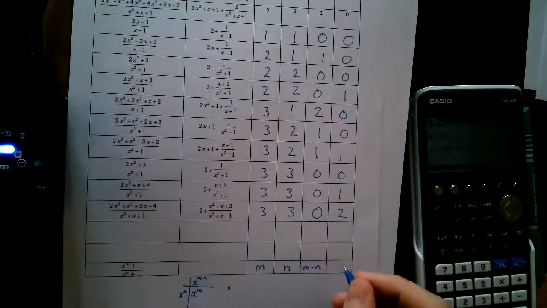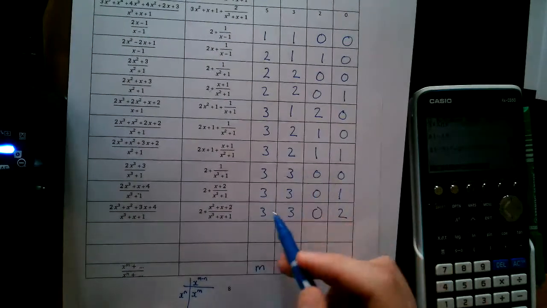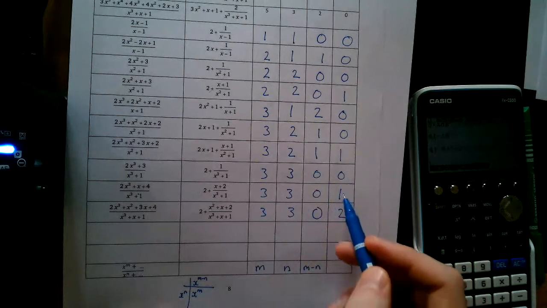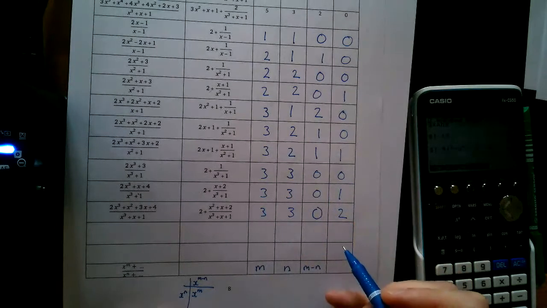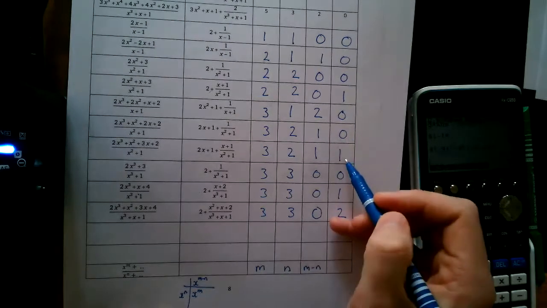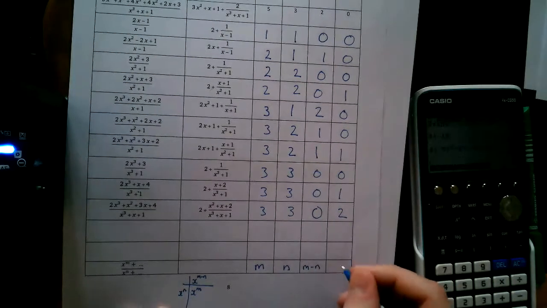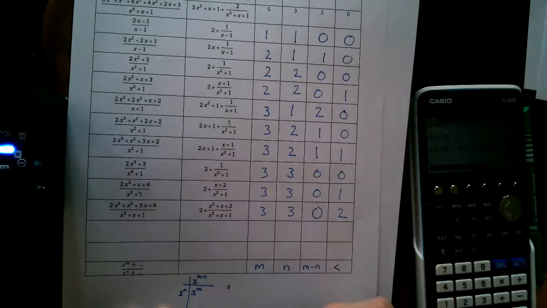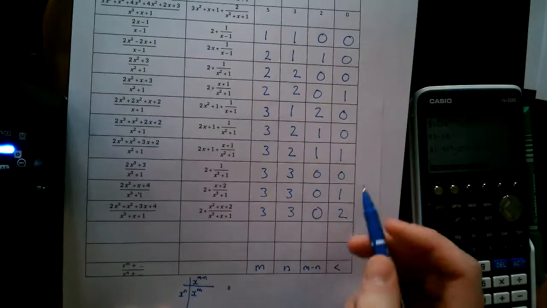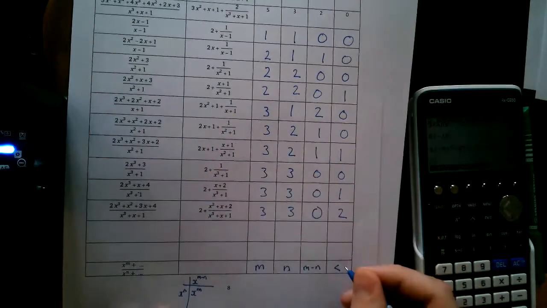And then the remainder, well, if you look here, the remainder could be 0, 1, 2, but it couldn't be 3. Here, it could be 0, 1, but it couldn't be 2. So the remainder is less than the degree of what I'm dividing by, so less than the degree of the polynomial d.